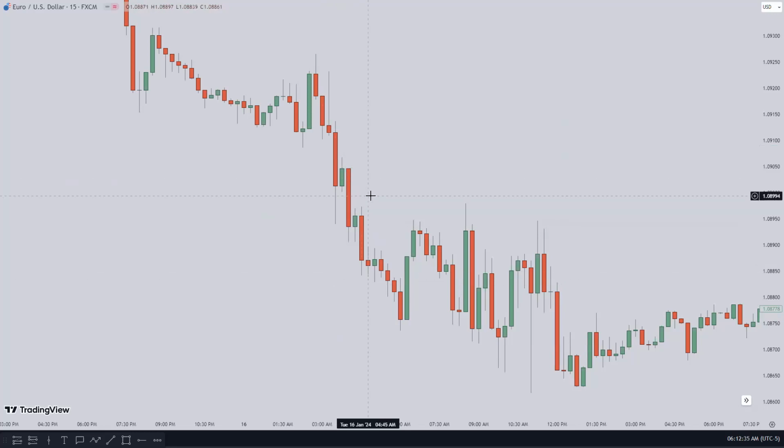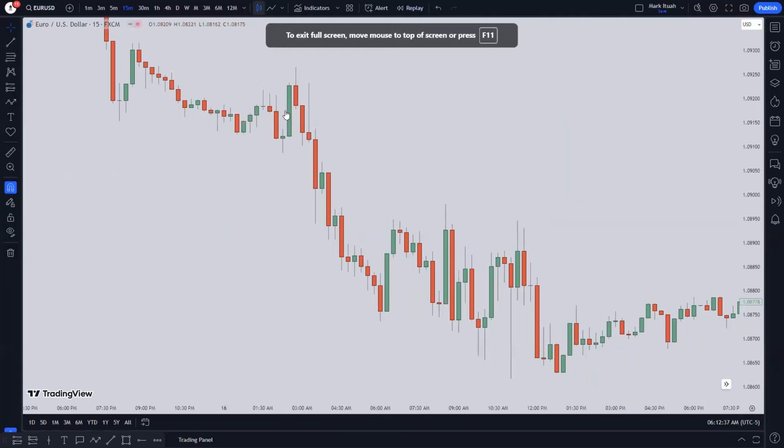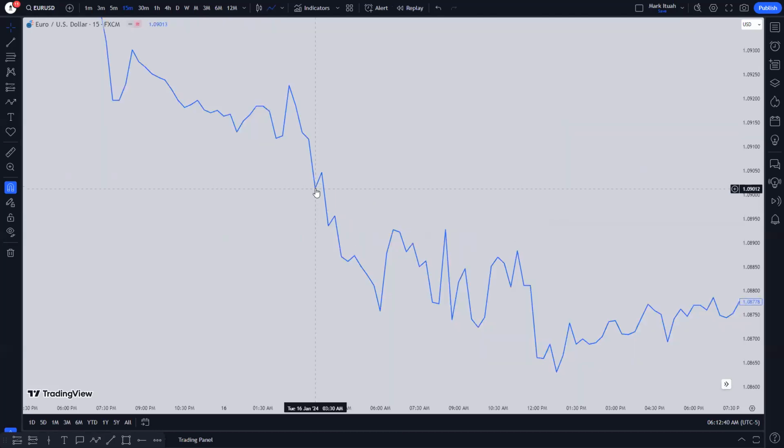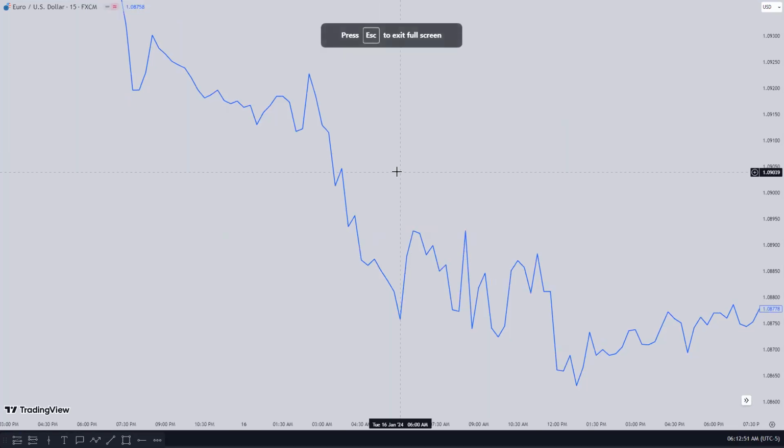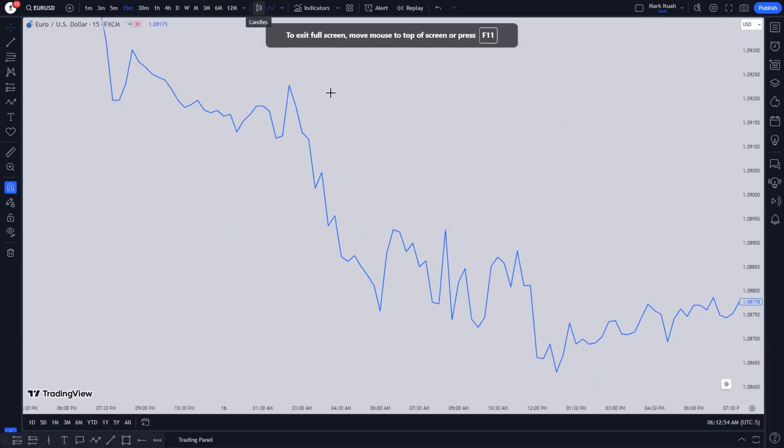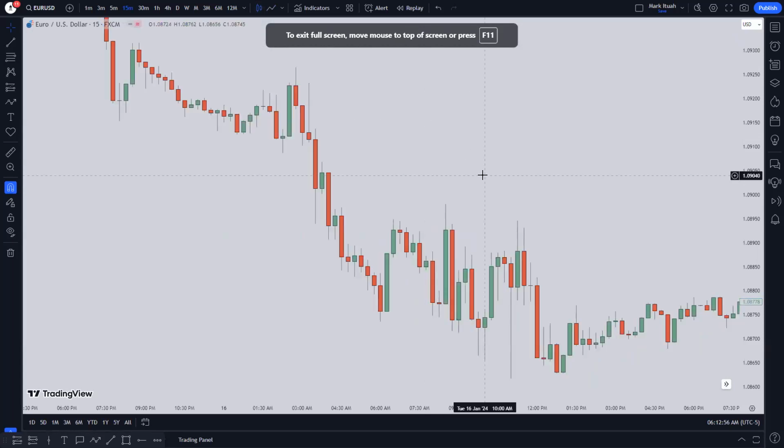That forms a curve. If we go to the line chart, is this not a curve? Yep, that's a curve. That's a swing low, and then we have a curve down. That's a swing high, then the swing low, a swing high, then the confirmation lower. But let's go back to the candlestick chart.